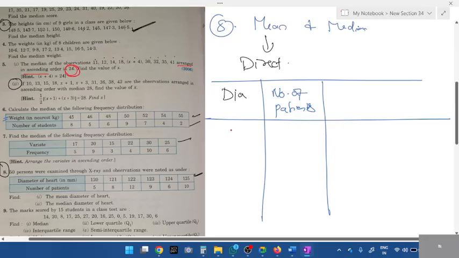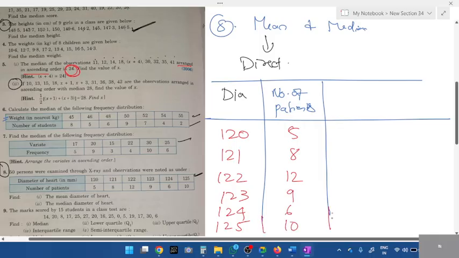For mean, we don't arrange, right? What about this question? Is it already arranged in ascending order? Already arranged. Don't need to worry. Even if it is not arranged, students, for mean, don't arrange it. Take whatever is given. 120, 121, 122, 123, 124. Number of patients 5, 8, 12, 9, 6, 10.